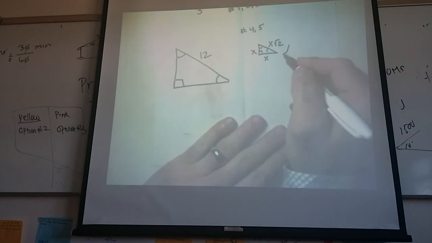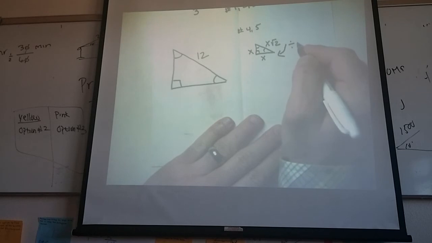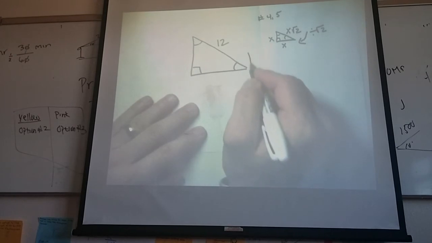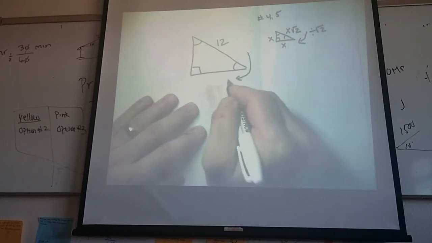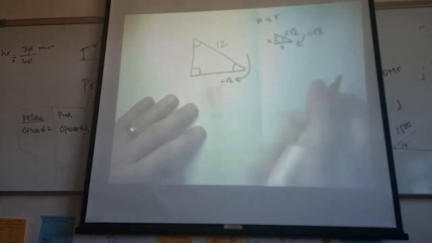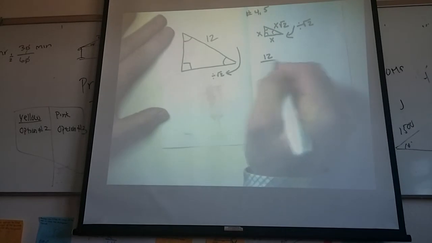To go back, you're going to need to divide by square root of 2. So here, to go from the big side to the small side, I have to divide by square root of 2. So I have a 12, and I'm going to divide that by a square root of 2.